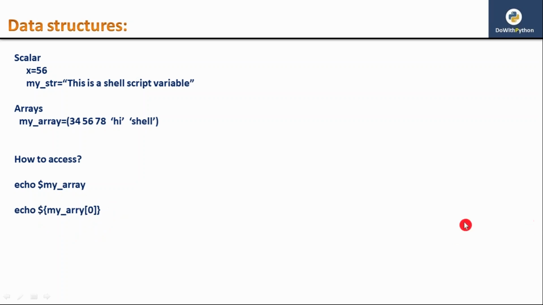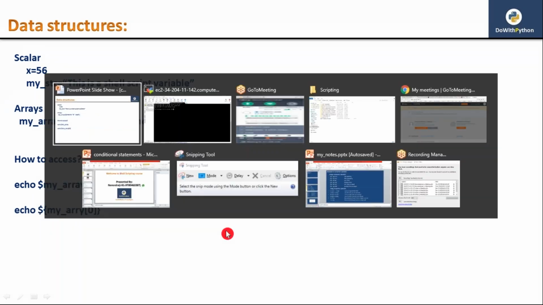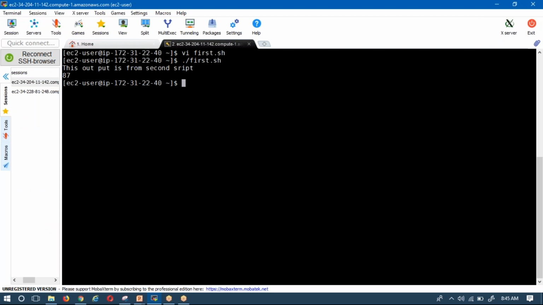Let me go to my command line. There I will show the difference of what will happen if you don't use curly braces. Let me define some array. A new array I am taking: newarray equals. Guys, don't take any space on either side of the equal symbol in your shell script. Not only here, anywhere.